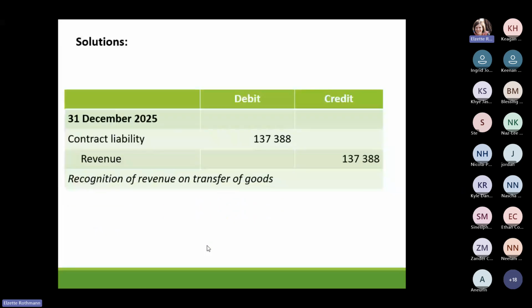So when we recognize revenue on the 31st of December, we debit contract liability and credit revenue, recognizing revenue on transfer of goods. That is your original 120,000 plus the interest from 2024 plus the interest from 2025.